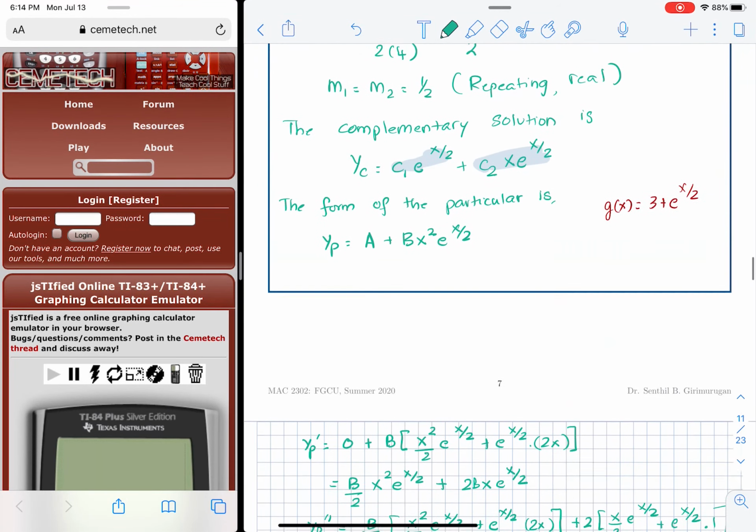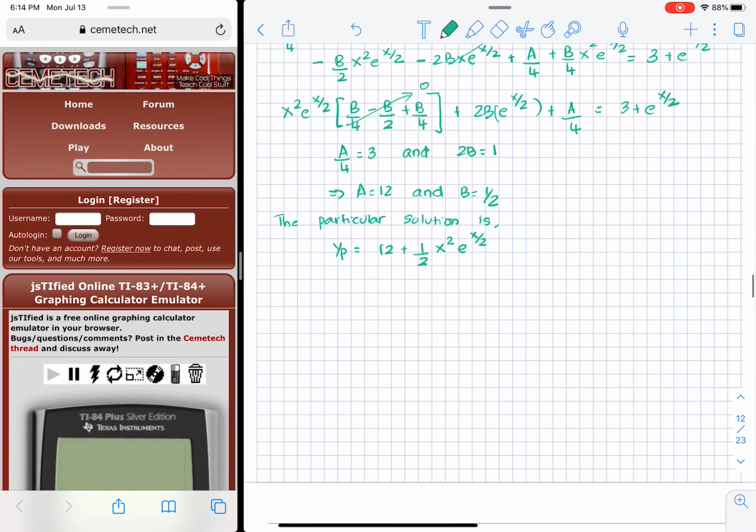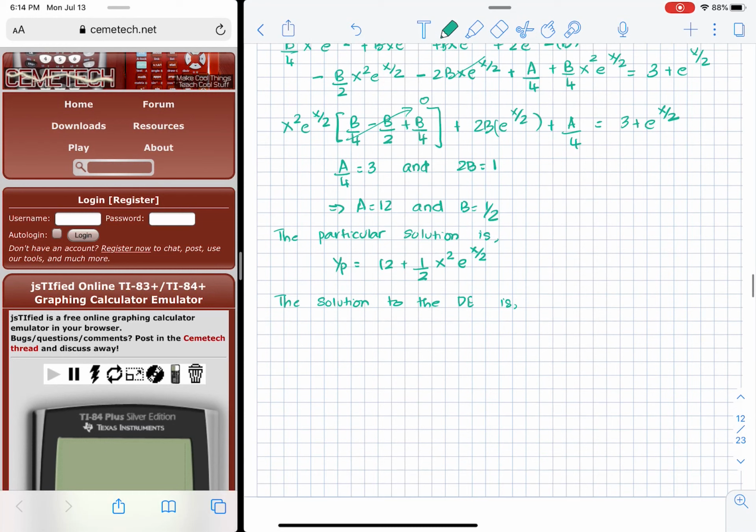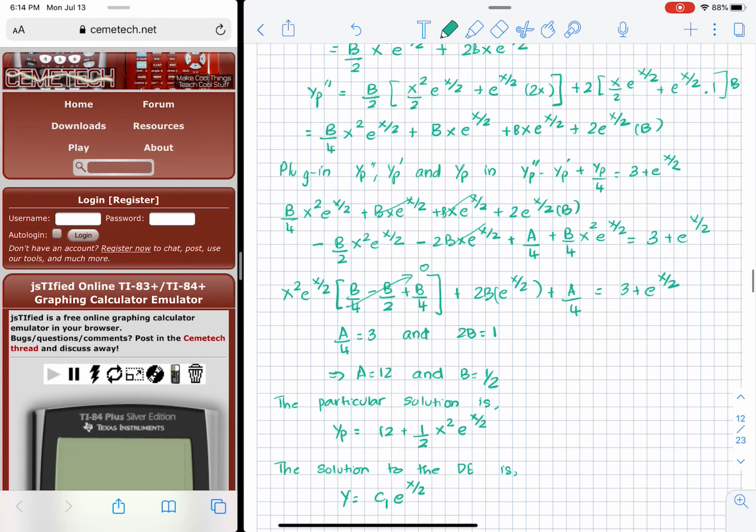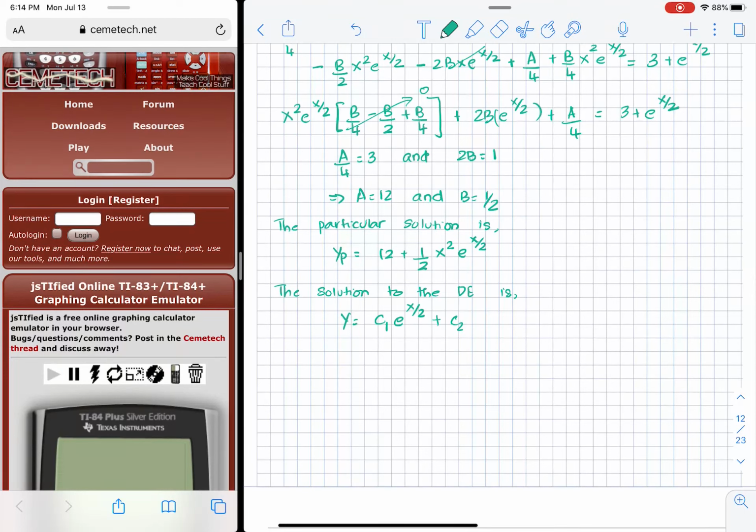So the final solution, so the solution to the DE is y equals the complementary solution, which is c1 e raised x over 2 plus c2 x times e raised x over 2 plus 1 over 2 x squared e raised x over 2 plus 12.